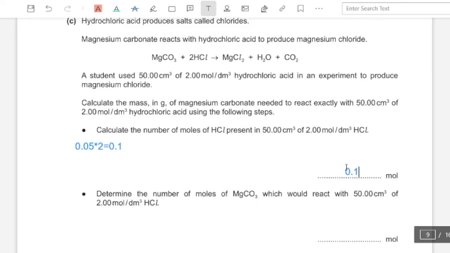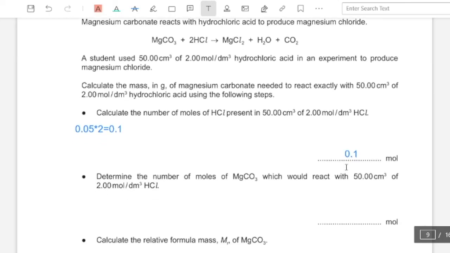Okay, determine the number of moles of magnesium carbonate which would react with 50 cm³ of 2 mol/dm³. As we can see over here, we have the ratio set as 1 mole of magnesium carbonate reacts with 2 moles of hydrochloric acid. That is, 2 is exactly double the amount of 1 mole.